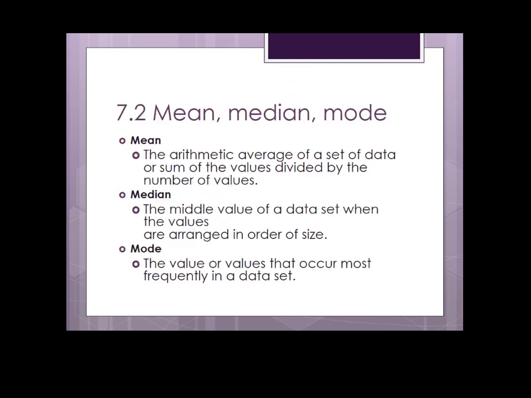We're not going to do that activity. Okay, 7.2 is about mean, median, and mode. So hopefully this is review for you, but the mean is basically the arithmetic average of a set of data values. You find it by taking the sum of the values, so adding up all the numbers, and then dividing by the number of values, so dividing by how many there are.